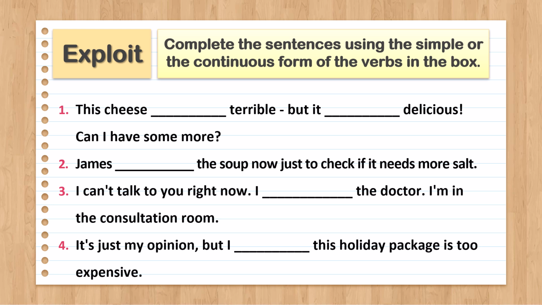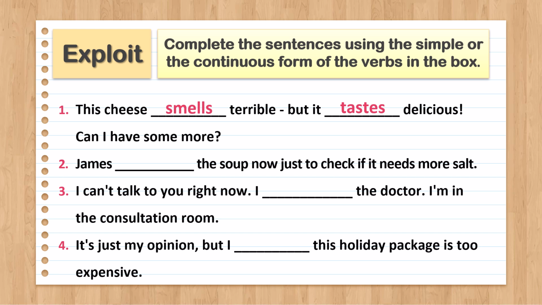Let's start with number 1. This cheese smells terrible, but it tastes delicious. Here, smells and tastes, they are stative verbs. They describe qualities, not actions, so we use the simple present.